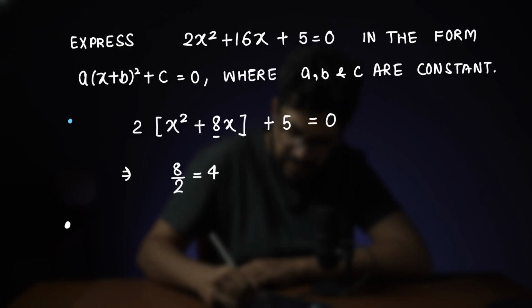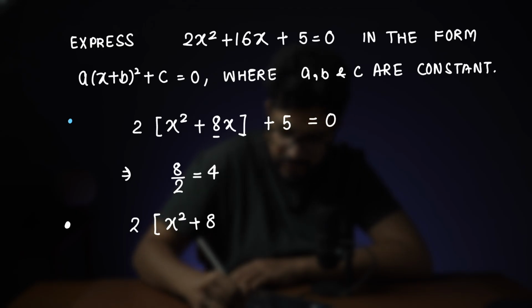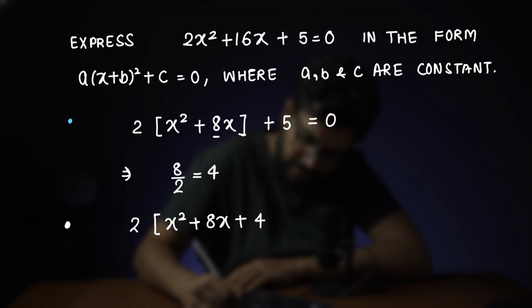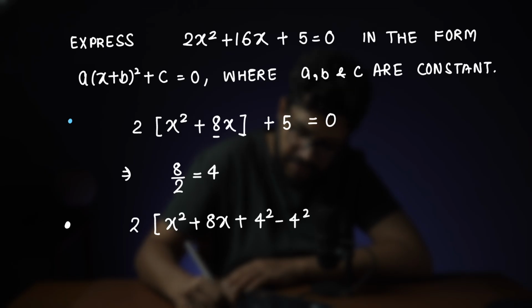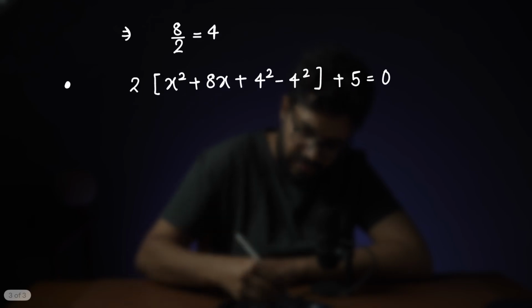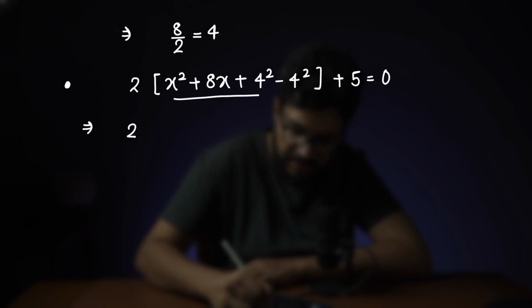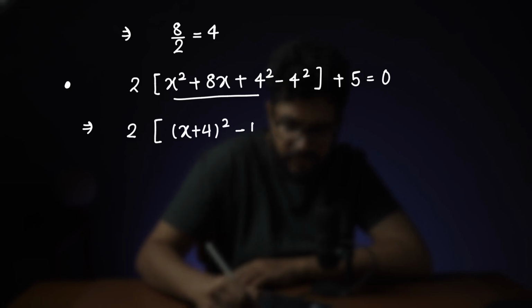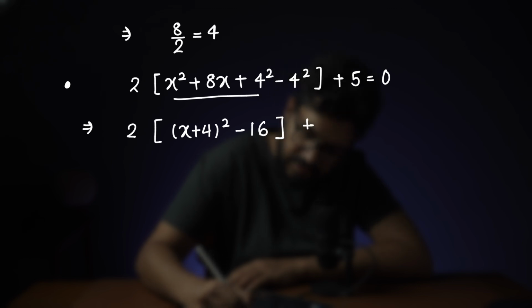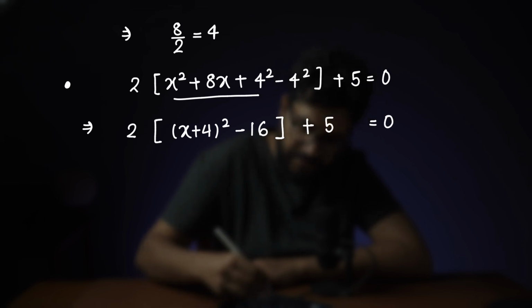This means in the given quadratic, I need to add 4 squared and subtract 4 squared inside the bracket. This implies the first 3 terms can be written as a perfect square of (x plus 4) whole squared, and negative 4 squared is negative 16, plus 5, which is equal to 0.